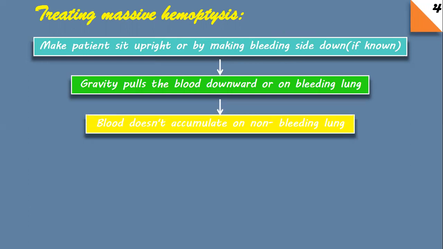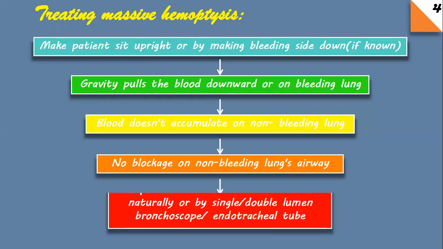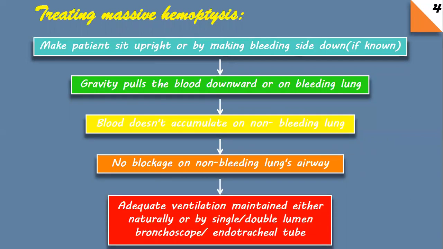Now, that will cause the blood to accumulate on the bleeding lung, but not on the non-bleeding lung. So when blood doesn't accumulate on the non-bleeding lung, that will cause no blockage on the non-bleeding lung's airway. So if there is no blockage in the non-bleeding lung's airway, then we can maintain adequate ventilation, whether that can be naturally or by single or double lumen bronchoscope or endotracheal tube.